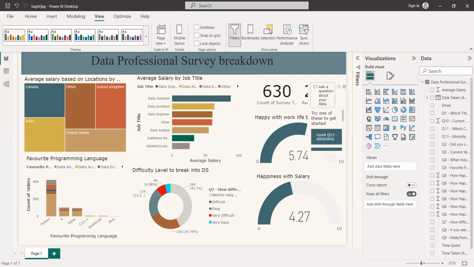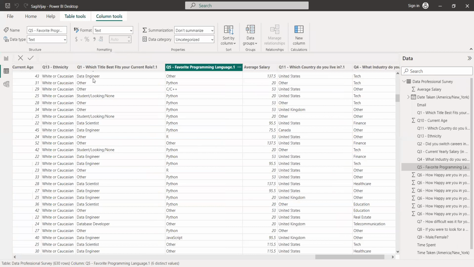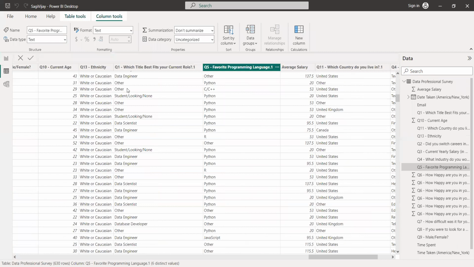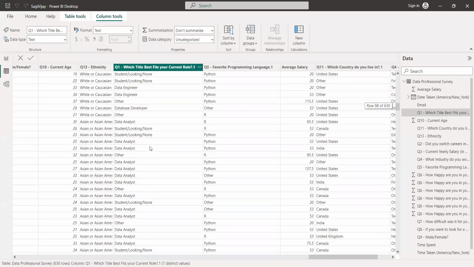So what I did was I included all of them into others, and for that I used the split column to transform the data, and you can see how it got converted over here. As you can see, the others category includes all the extra options which were given to the survey takers.